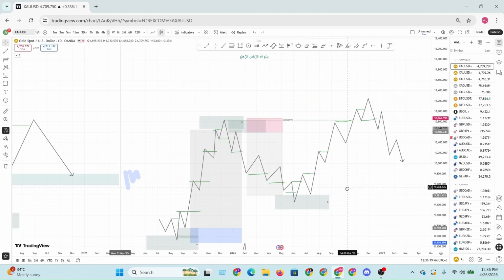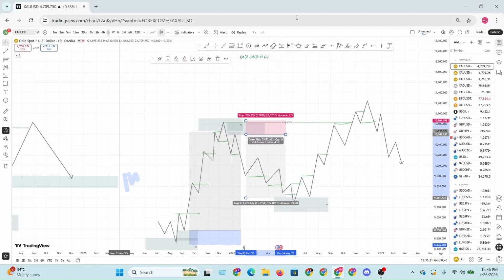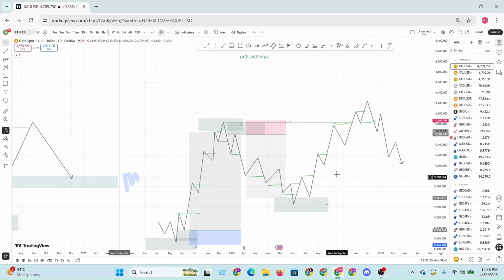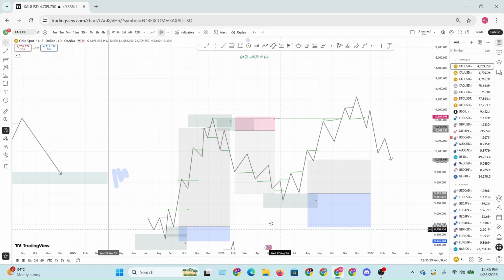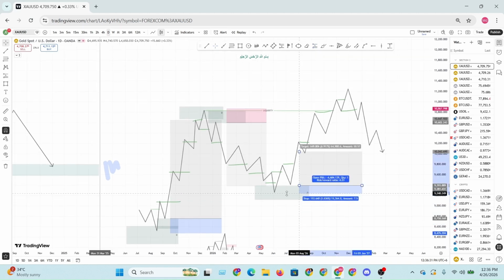But we focus on daily, how many days and from which level to which level the market is going to move.